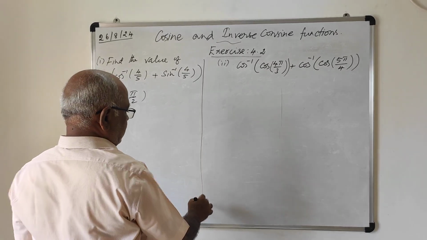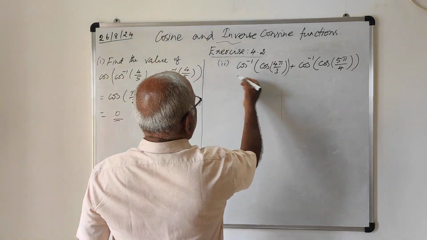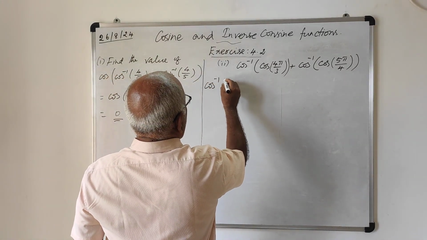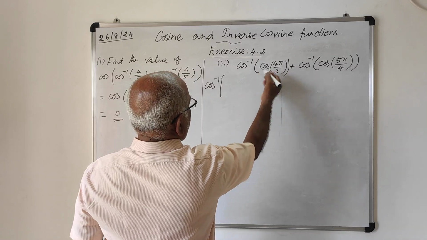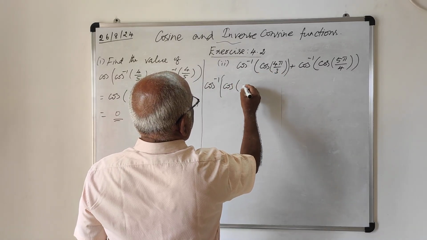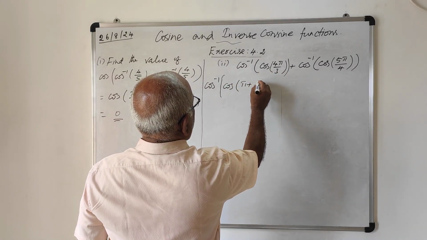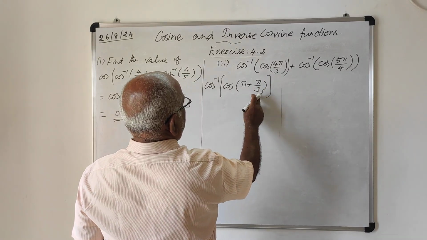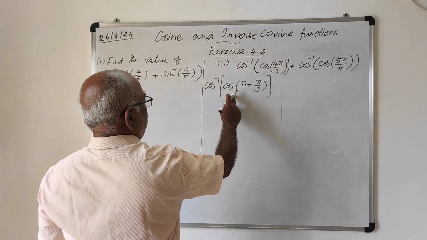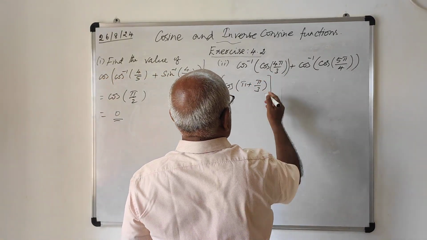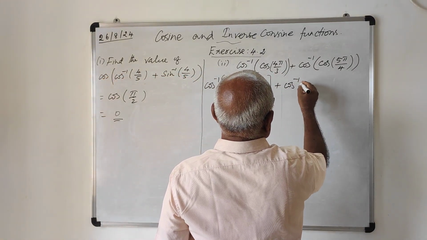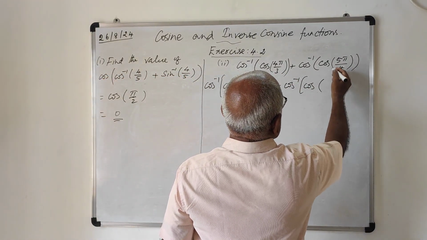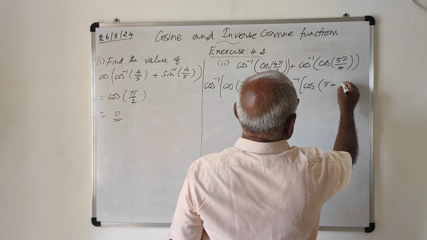Next, this one: cos inverse of cos 4 pi by 3. You write 4 pi by 3 as pi plus pi by 3, that is 3 pi plus pi, 4 pi by 3. Similarly, cos inverse of cos 5 pi by 4, where 5 pi by 4 is pi plus pi by 4.